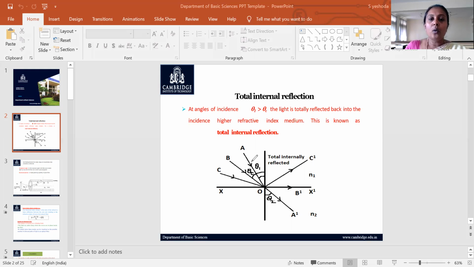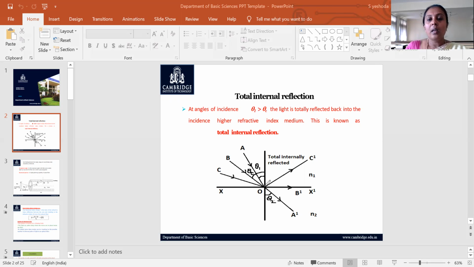As you continue incidenting a ray of light with a greater angle compared to the first one, let us incident another ray of light with a greater angle. Let us call this BO, incident with an angle greater than theta 1. When we incident the BO ray, what will happen?